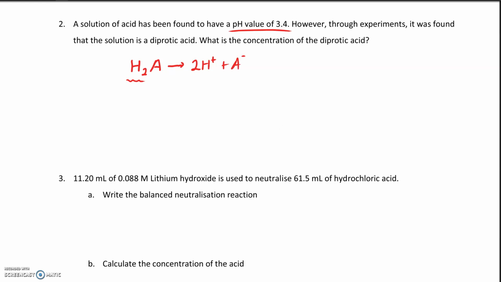All right, so the question begs right here, what is the concentration of the diprotic acid? So we define the diprotic as H2A, and what is the concentration, which means bracket H2A, because the bracket stands for concentration. So we want to know the concentration of H2A.